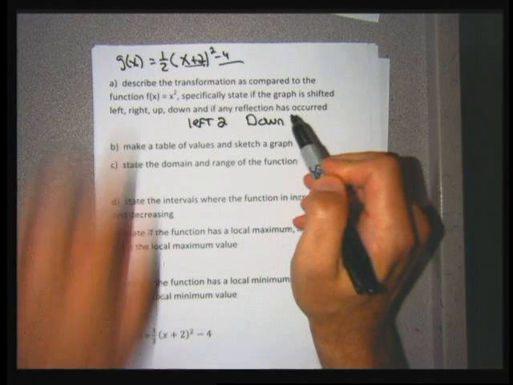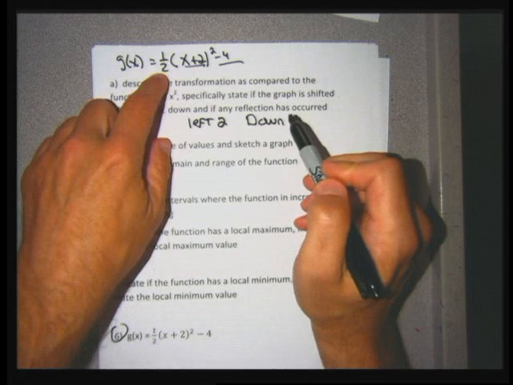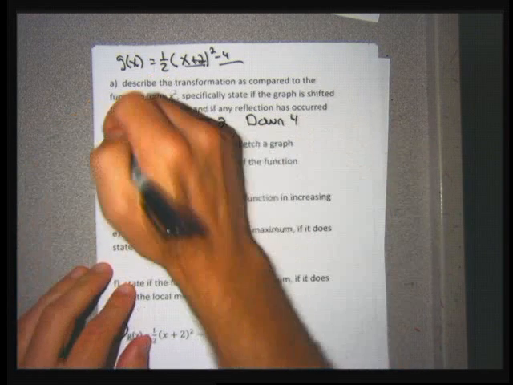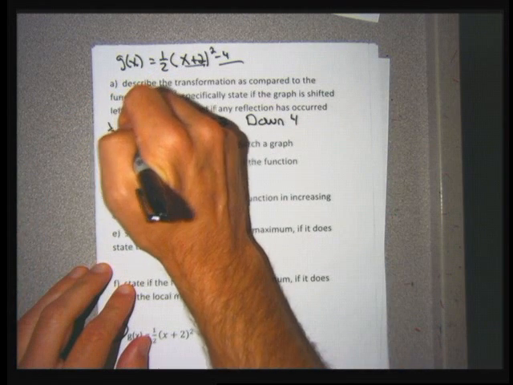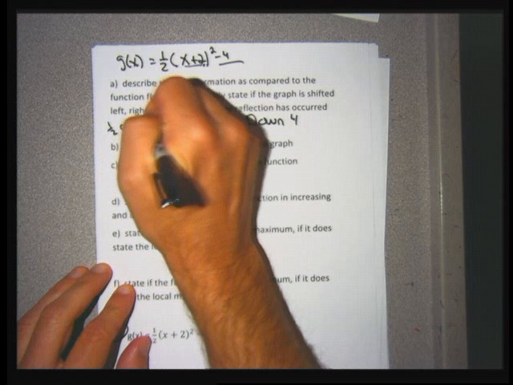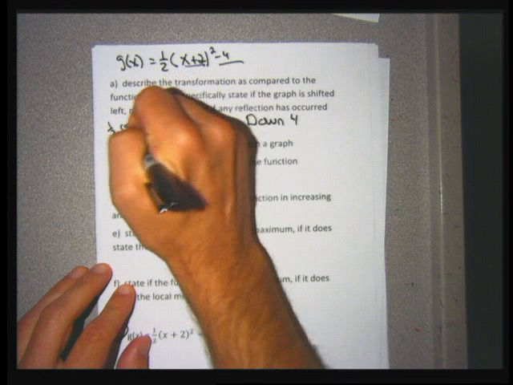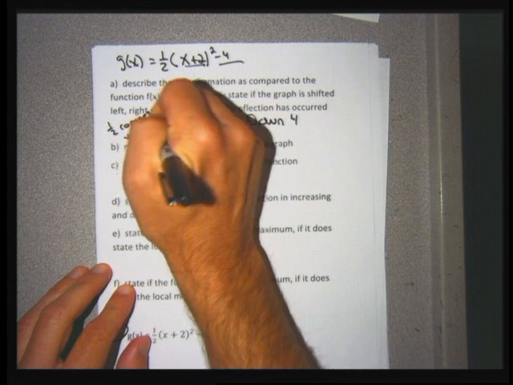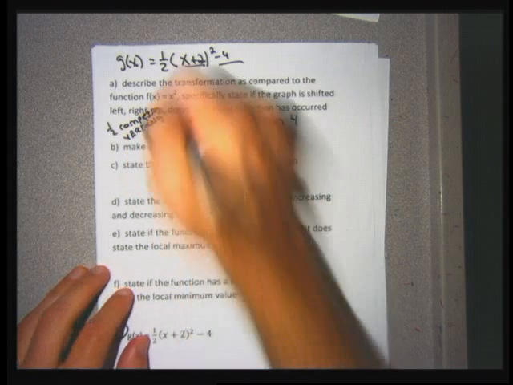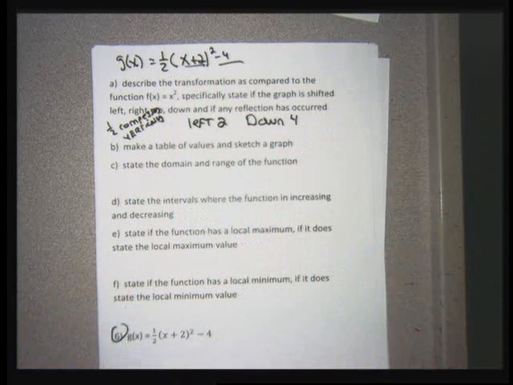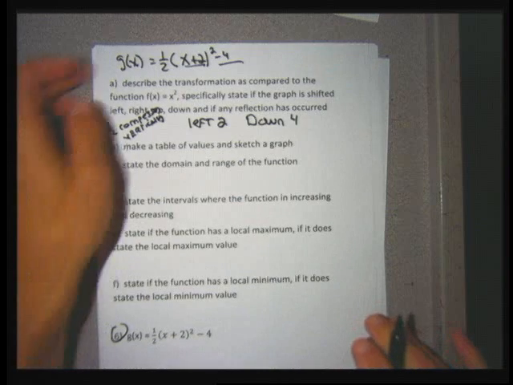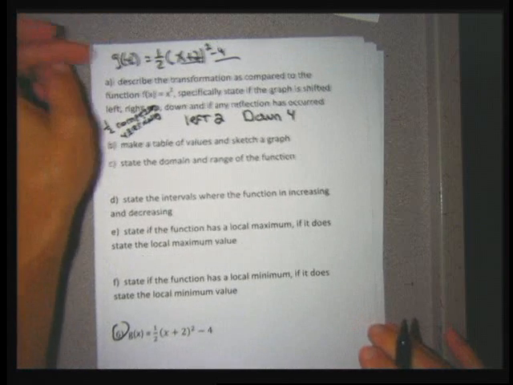That's what you're responsible for. That 1/2 makes it wider, and we could say that it compresses vertically, which means it makes it squatty or fatter or wider. But you're not responsible to write that on the test. Just the left 2 down 4 I'd like to see.